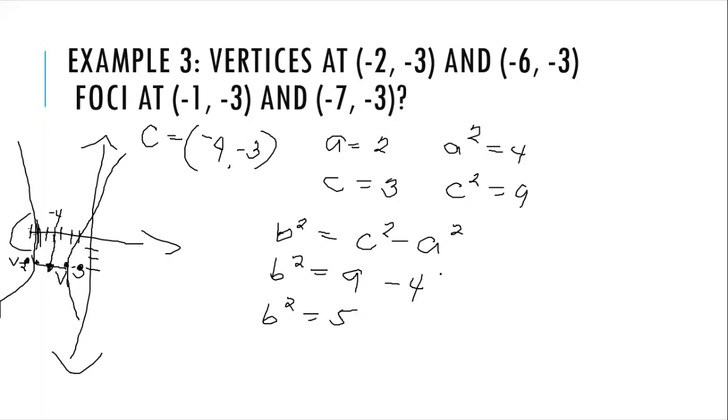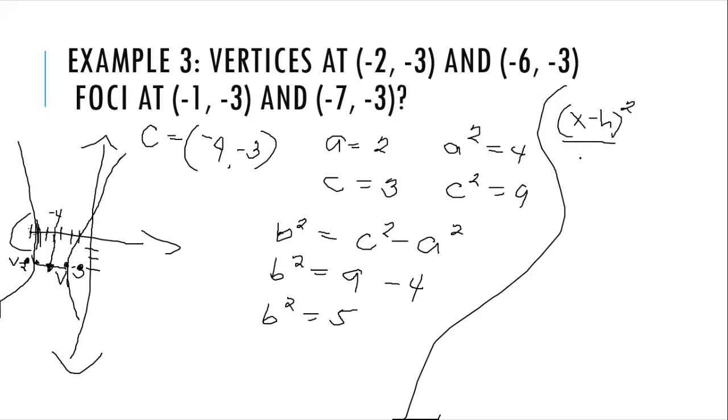Okay po. Formula po natin is, since po ay naka-horizontal yan, x minus h quantity squared over a squared minus y minus k quantity squared over b squared is equal to 1.